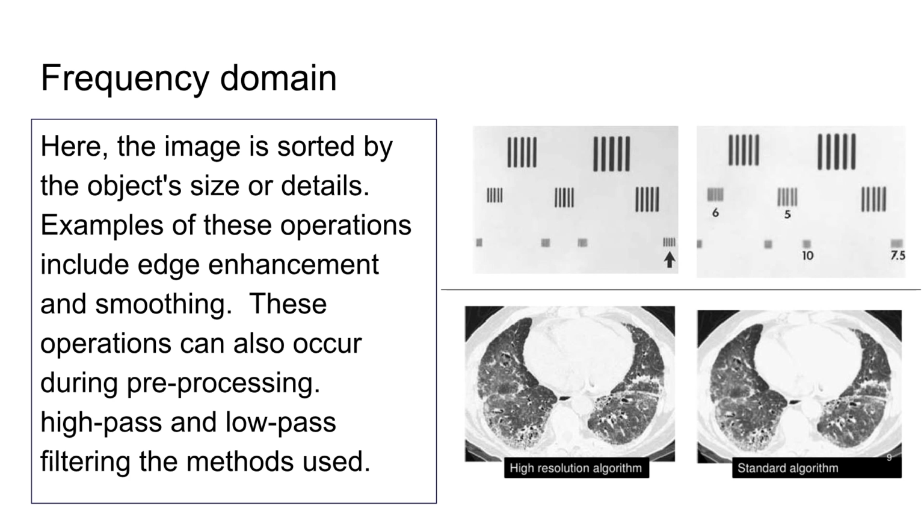So edge enhancement increases spatial resolution, goes with high pass filter. You want to get rid of some of that graininess, reduce your spatial resolution. That goes with a term known as smoothing, and that would then go with low pass filter.